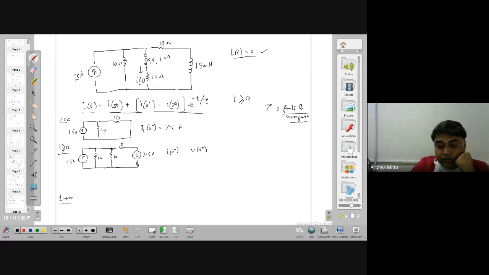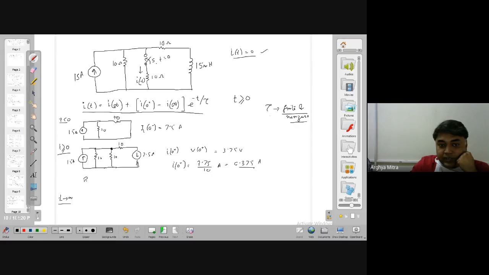Are you getting this or not? So my V0 plus is equal to 3.75 volt. So I0 plus is equal to 3.75 divided by 10 ampere, which is 0.375 ampere.